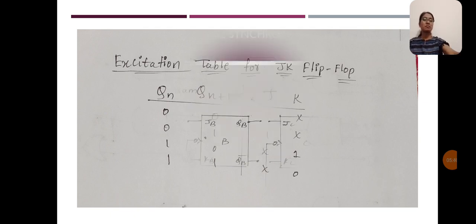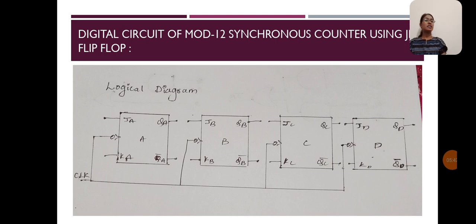And next, here I have given the logic diagram of the Mod 12 synchronous counter. For all 4 JK flip-flops, I have connected the clock in common, and for all inputs and outputs I have given the terminals.